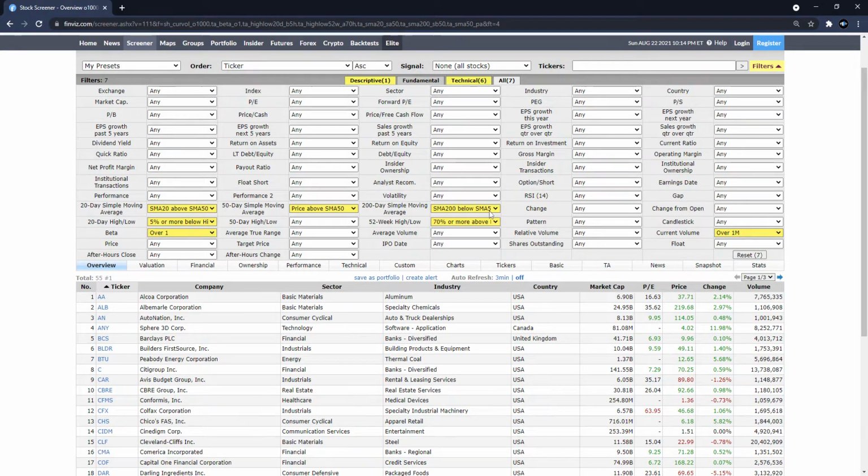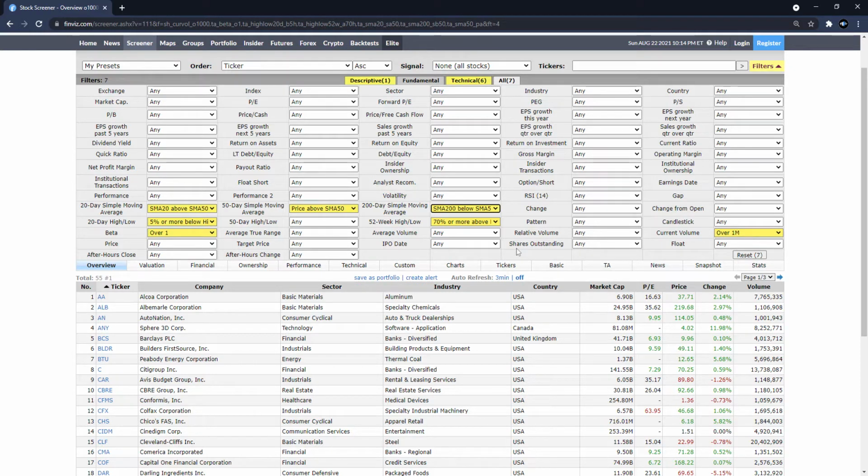Here we have the 200 simple moving average below the 50 moving average. Here we have the price above the 50 moving average, and here the 20 simple moving average above the simple moving average 50. Also here we have the 20-day high and low, 5% or more below the high, and here we have the beta, so the stock should be over 1. That's basically what we want to have in the filters.